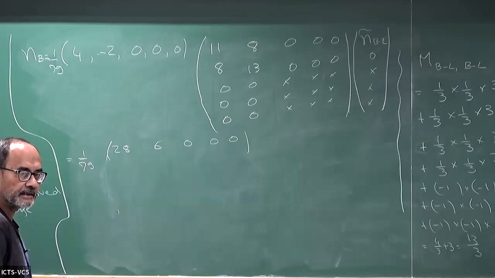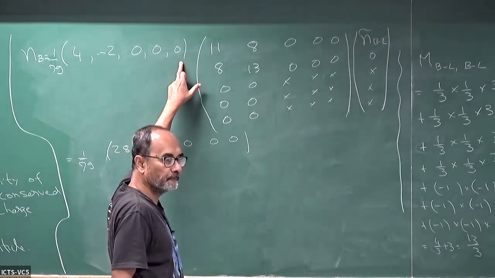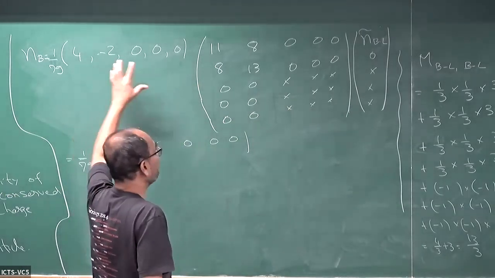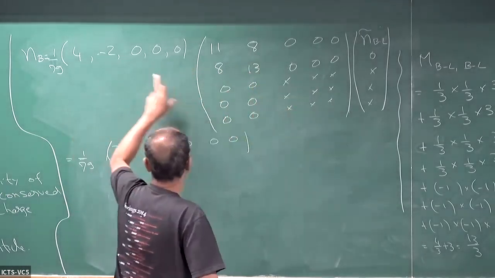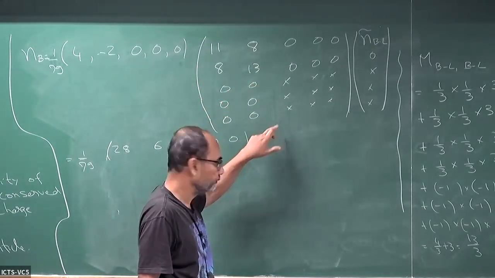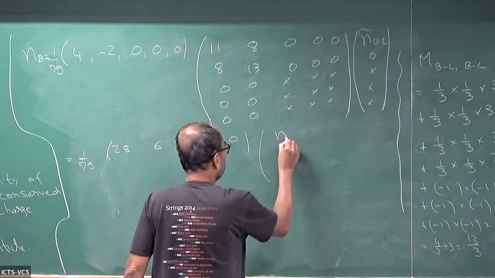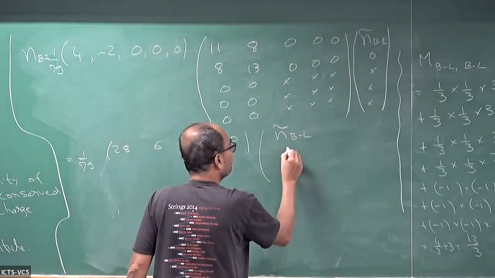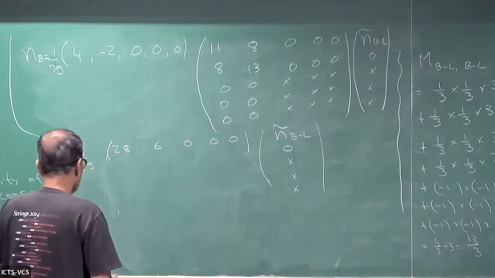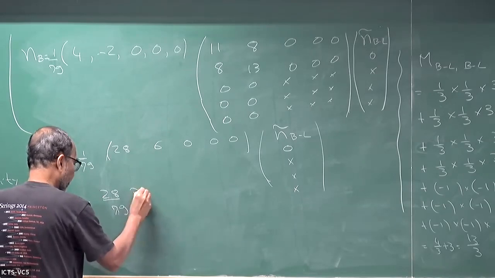Is it clear? So these things didn't matter, whatever these are, because these are all zeros. The last three elements are all zeros because these multiply 0, and these multiply some non-zero result, but you always have a factor which is 0. So you have this structure 28, 6, 0, 0, 0, and then you have n tilde b minus l, 0 and then something else. So this gives you 28 over 79 n tilde b minus l.